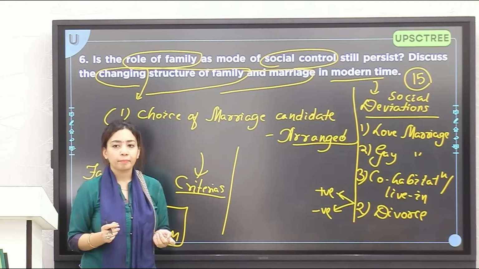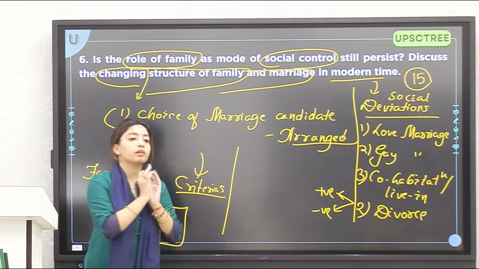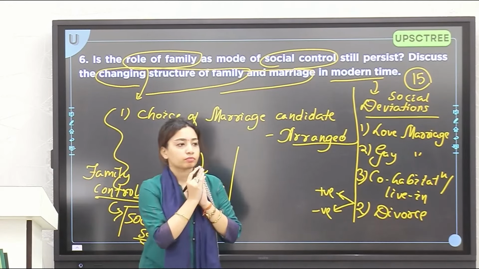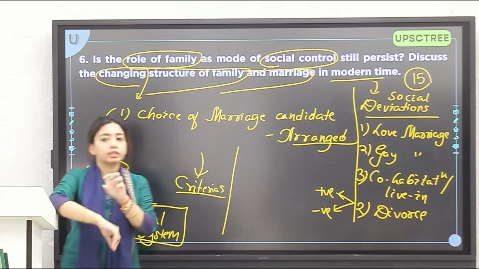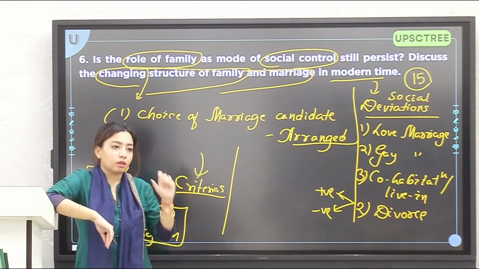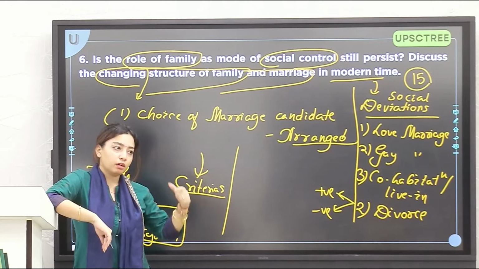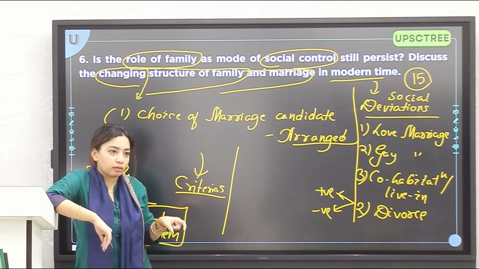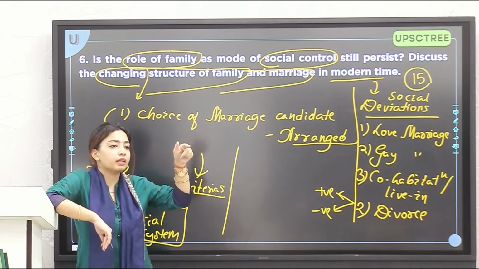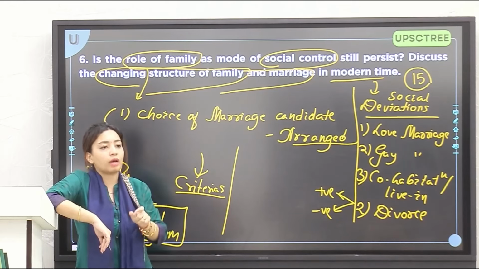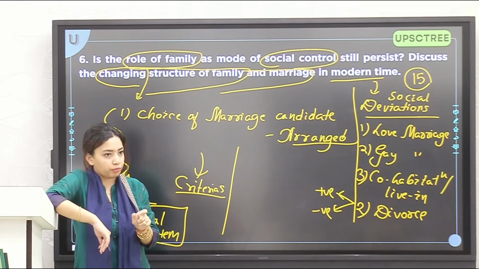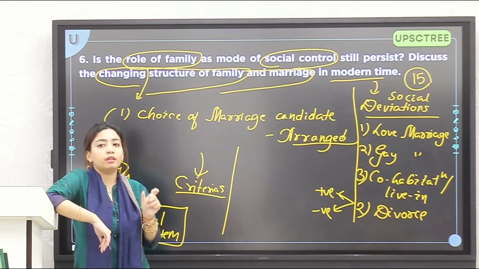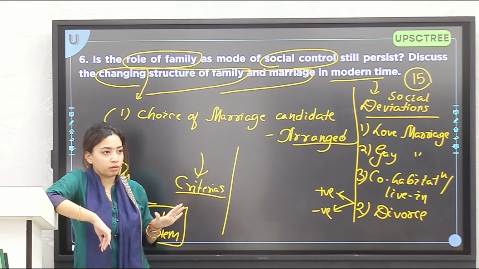How is role conflict related to family? Mostly in a traditional society, what happens? The family expects the household to be mostly patriarchal, right? The head of the family or the parents will always want the son to have a control over the wife in all the private or domestic decision makings, right?